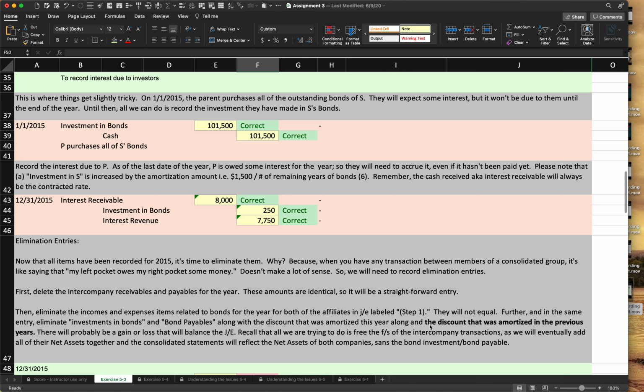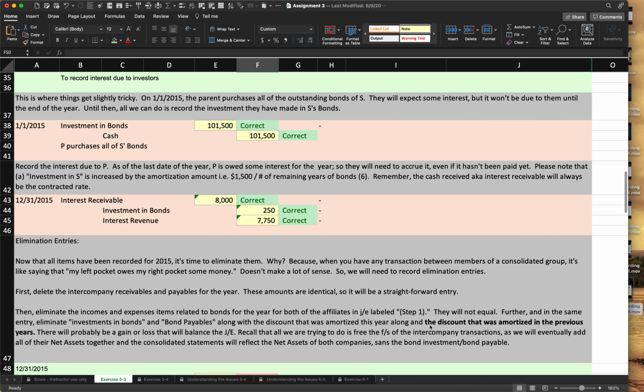And why are we eliminating these intercompany transactions? Well, aside from the fact that when you have a member of a consolidated group, you want to ensure that you don't have intercompany transactions, primarily because you have created a situation where the parent can unfairly dictate the terms to the subsidiary, and they can just ramp up random amounts of monies, and that violates the arm's length transaction principle in accounting.